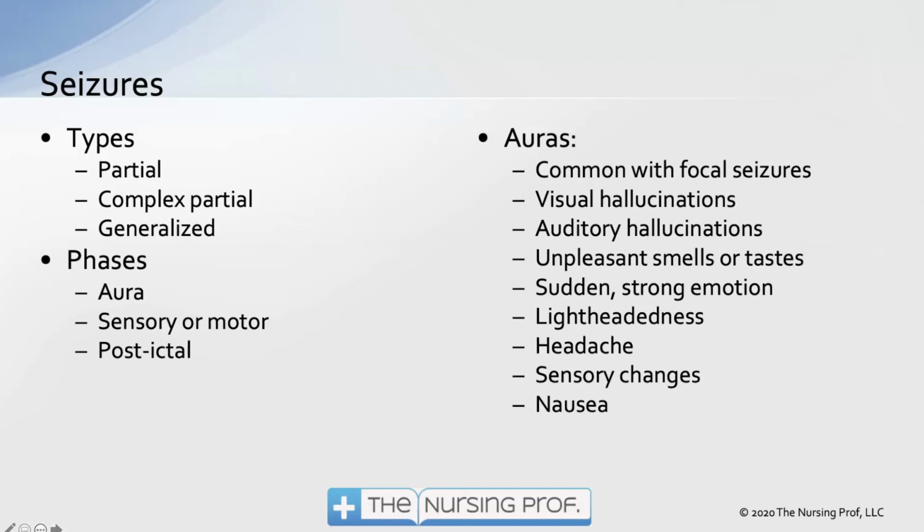The postictal phase, what happens in this phase is that the patient has had all of this random chaotic electrical activity in the brain. And because of that, they've used up the glucose in the brain, and now they're at this point of just being tired. So in the postictal phase, the patient is often very somnolent, and the respiratory rate may even go down considerably because we've used up all the glucose in the brain.